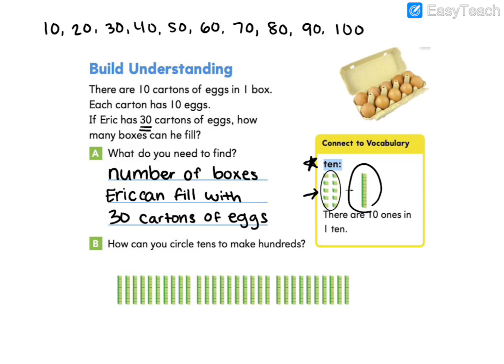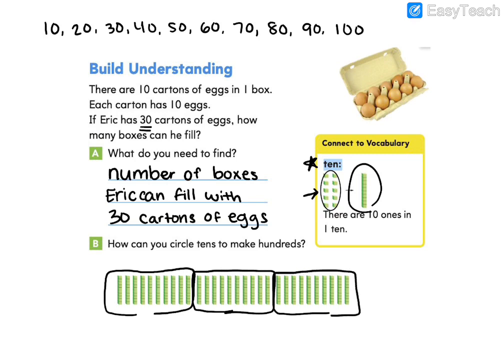So we can circle groups of 10. Go ahead and circle groups of 10 to show hundreds. Right, you should have circled the groups of 10 like that.